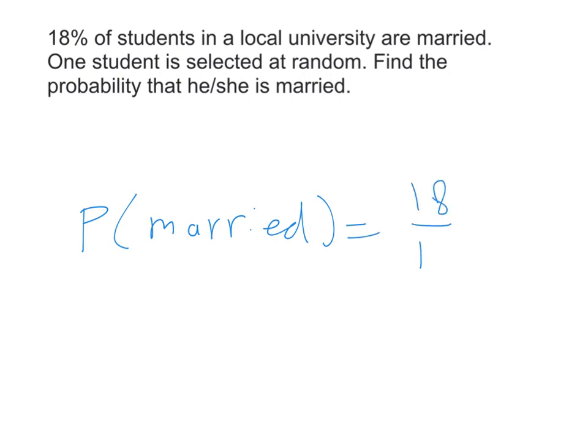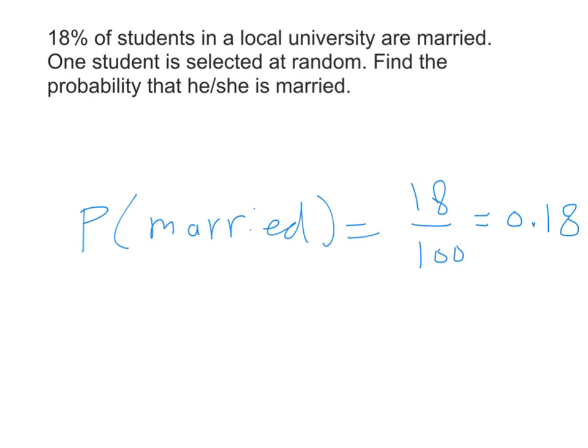That means 18 over 100, or 0.18. That's it. That's the probability the person is married. If you want to know the probability the person is not married, it will obviously be the other 82%, which will be 0.82.